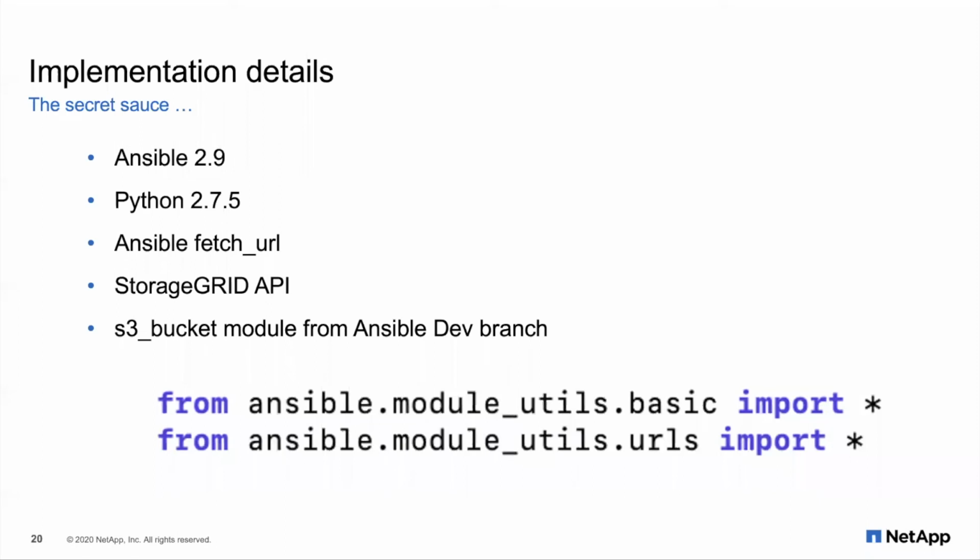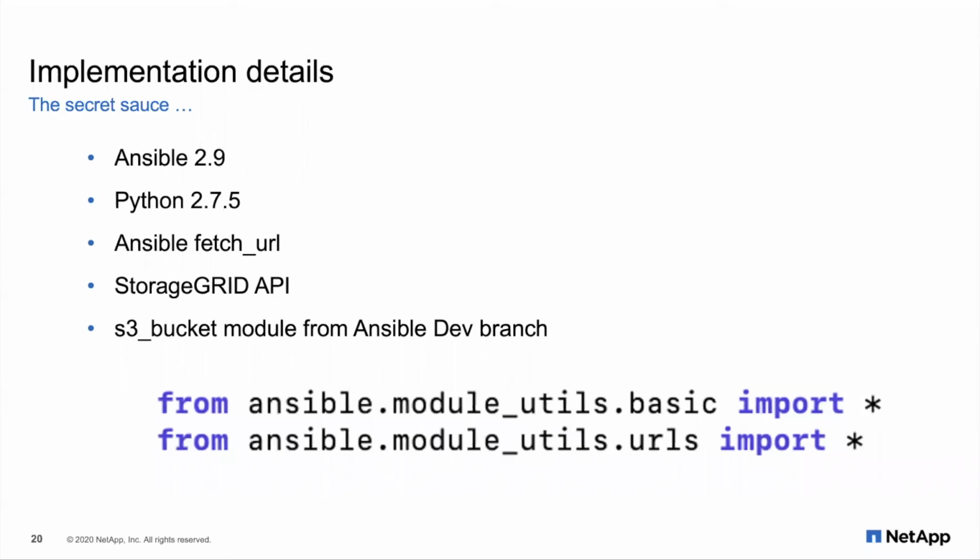We could not use AWS S3 modules except for the S3 bucket module. We've considered other standard modules such as URI, but that would result in a complex playbook without a clean desired state configuration. So writing our own custom module was the logical option.